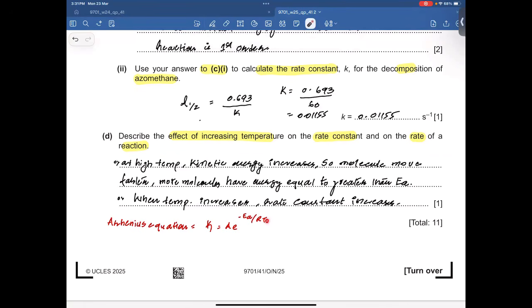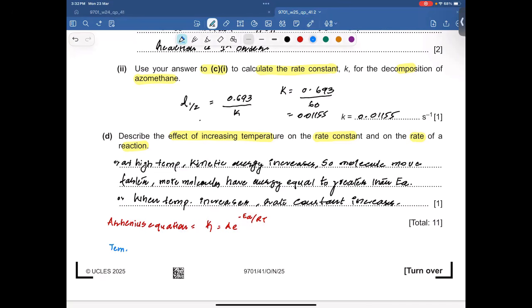You know, T is temperature, R is the universal gas constant, Ea is activation energy, K is rate constant, and A is the pre-exponential factor. So when you increase the temperature, this entire exponential term increases, and so the rate constant increases. That's the whole concept behind this.